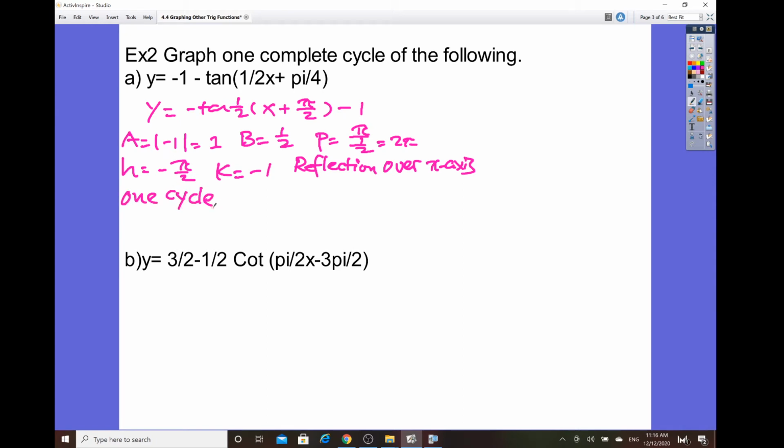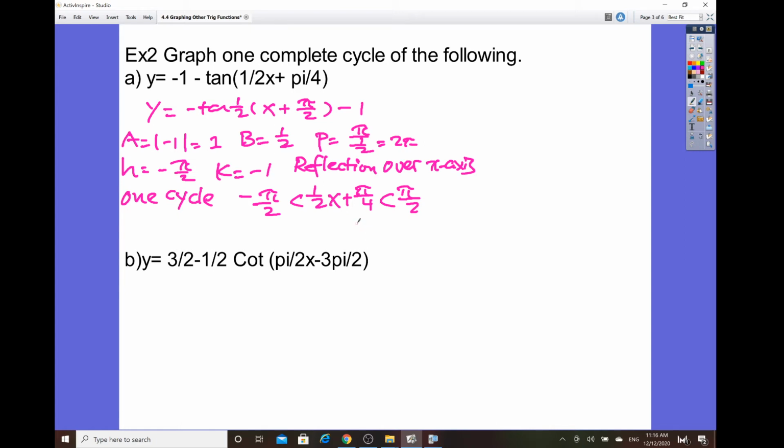So this one goes all the way from, well, tangent is from negative pi over 2 to pi over 2. So the one that we want to put in here is 1/2 x plus pi over 4. Or we can put it into factored form right here in the middle, same thing. So subtract pi over 4: negative pi over 2 minus pi over 4.